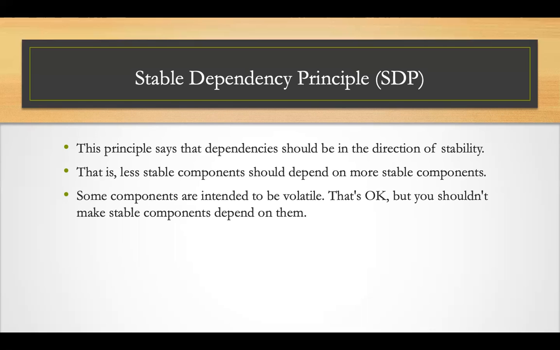So it says that less stable components should depend on more stable components. Now, during designing of an architecture, you might have some volatile components, but you also need to make sure that you should not make stable components depend on unstable ones.